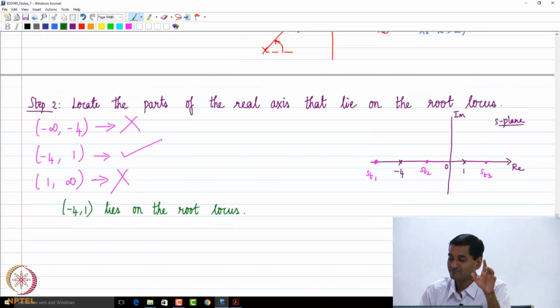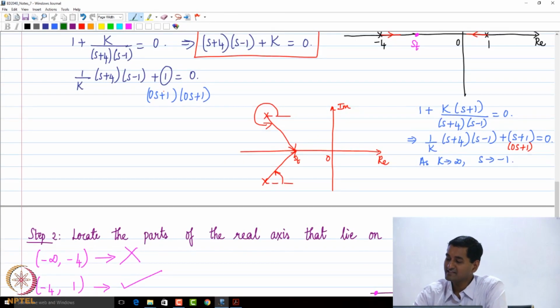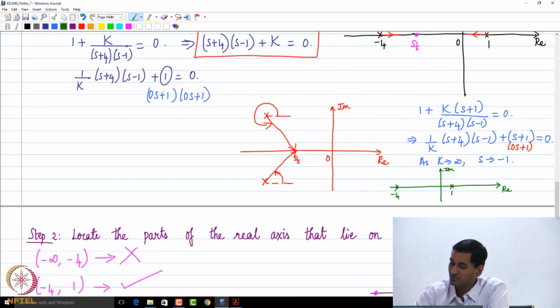Suppose there were a 0. Let us say we had this example, right? To answer that question, let's say we consider the real and the imaginary axis. This is plus 1, minus 4, and minus 1 was the 0, right? So same steps, but now you will have 4 regions: minus infinity to minus 4, minus 4 to minus 1, minus 1 to plus 1, and 1 to infinity.